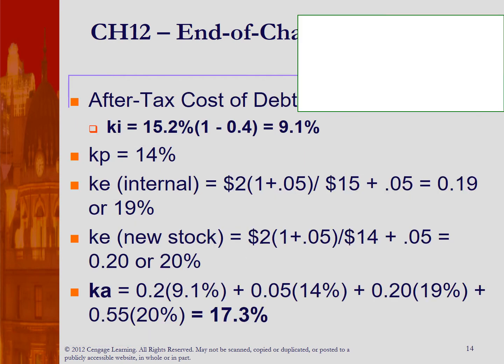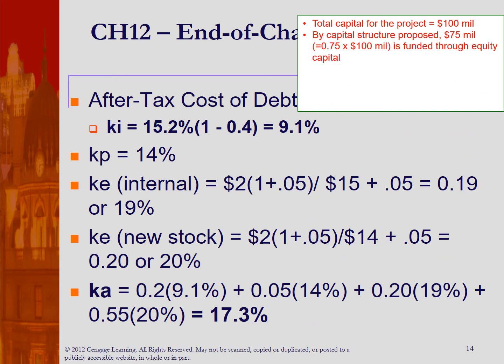Now, here comes a little tricky issue. eWin only expects to have $20 million of retained earnings available to finance the expansion project. The expansion project calls for investment of $100 million. With the capital structure proposed, $75 million are funded through equity capital.